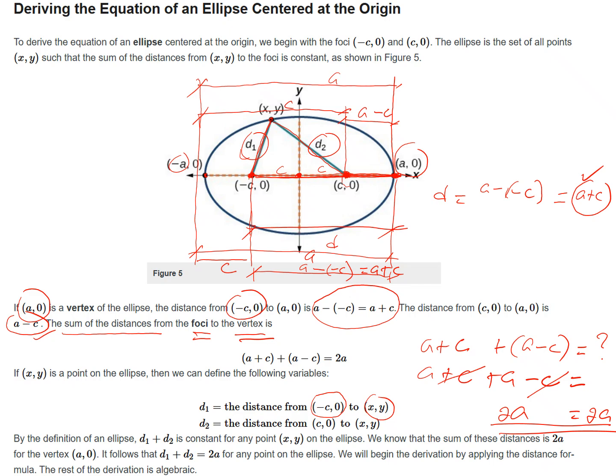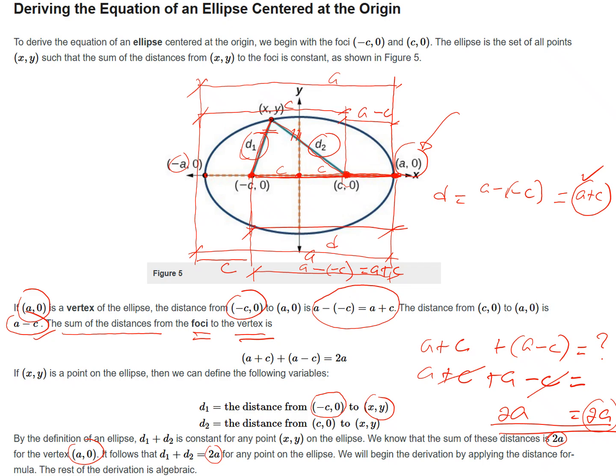So it means we are now considering these sides, class, this length of this triangle. By definition of an ellipse, d1 plus d2 is a constant for any point xy on the ellipse. So we know that the sum of these distances is equal to 2a. We have already calculated that. For this vertex, coordinates a and 0, it follows that d1 plus d2 is equal to 2a.